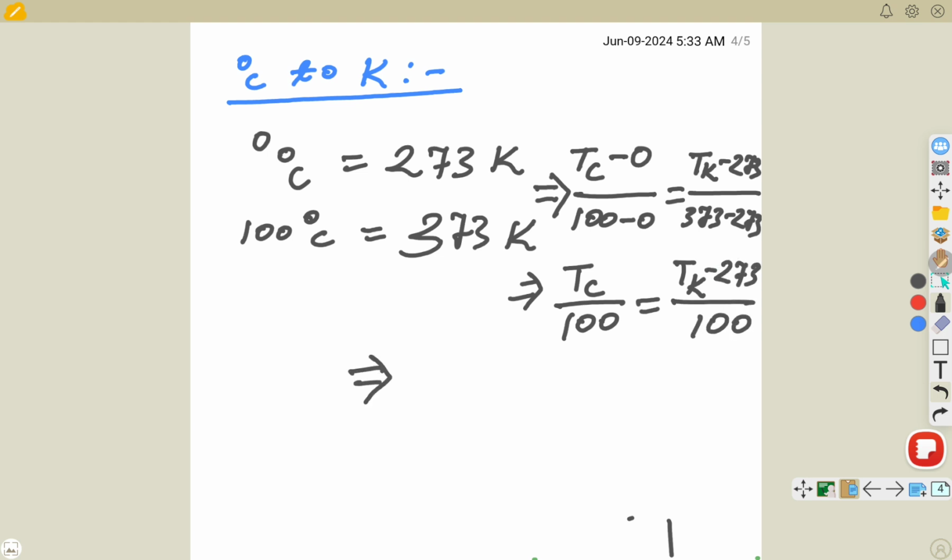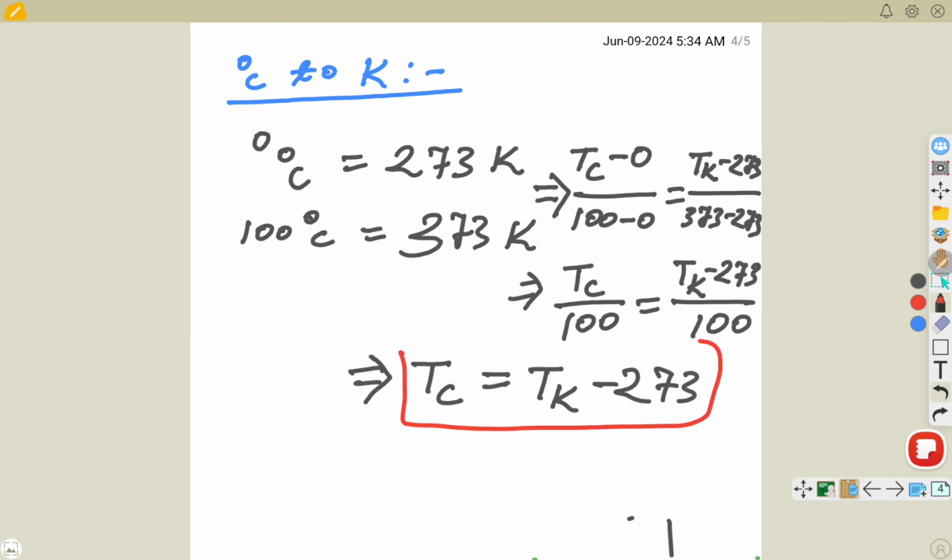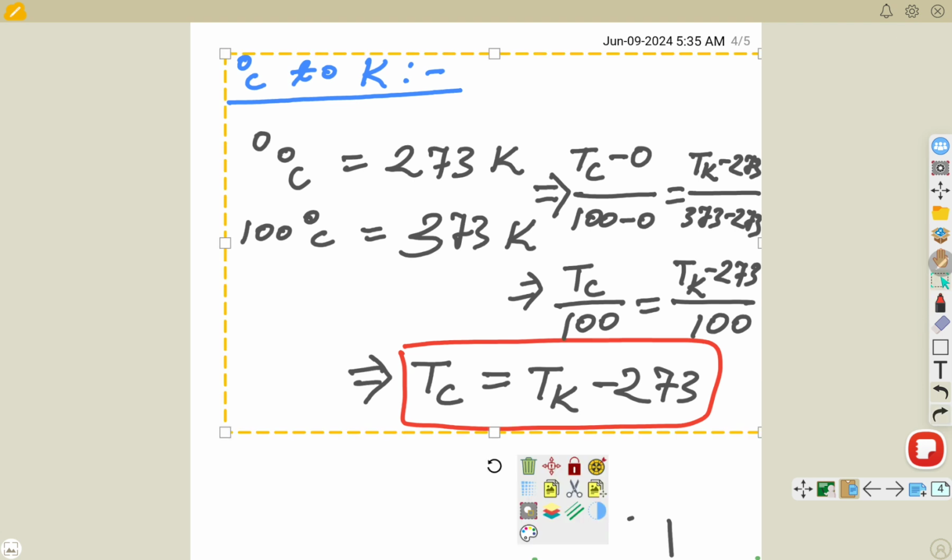So for simplification, Tc is equal to Tk minus 273. Understood?